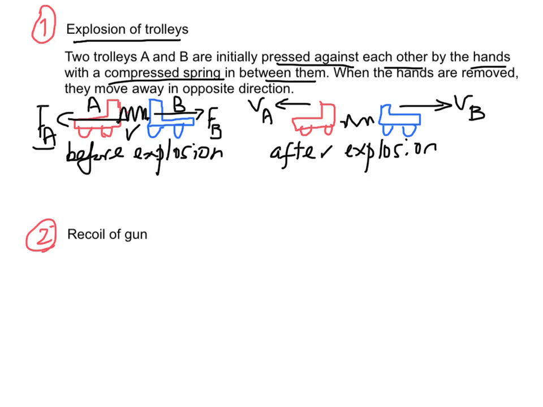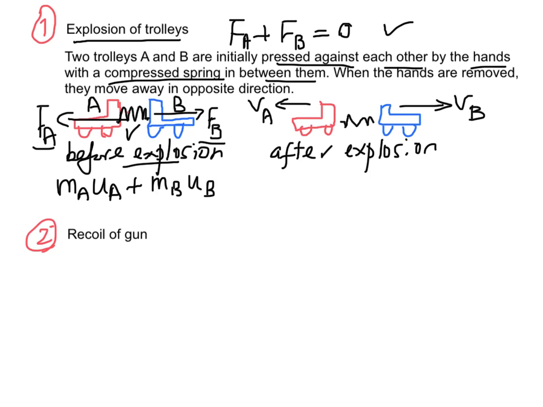Therefore, FA and FB belong to an action and reaction pair. Therefore, we have FA plus FB equal to 0. Therefore, the law of conservation of momentum still applies in this case. The total momentum before explosion is ma ua plus mb ub, which is equal to the total momentum after explosion, mb vb plus ma va.